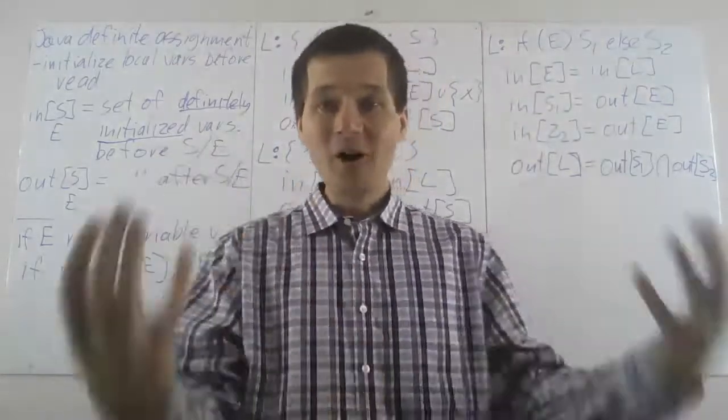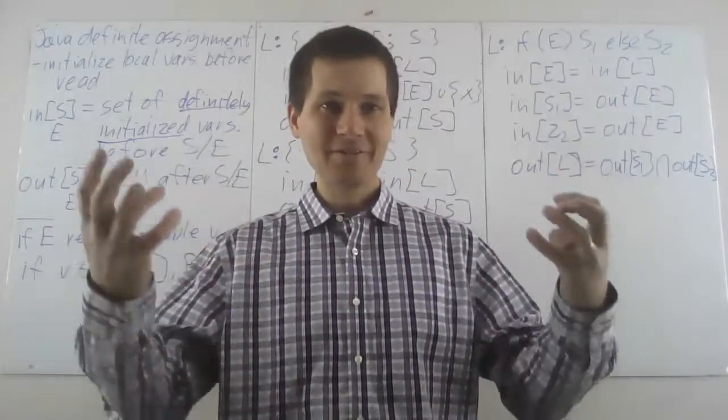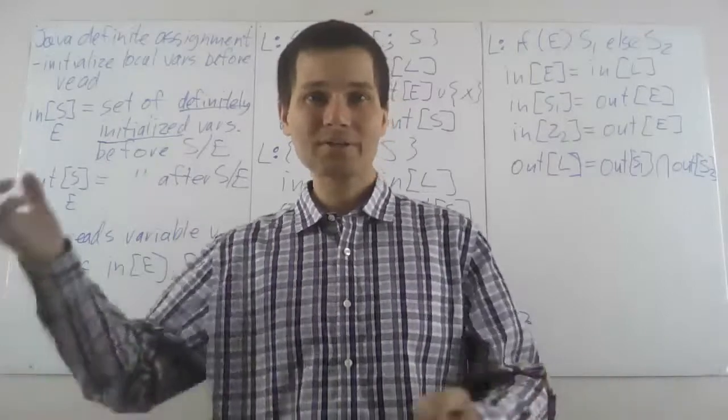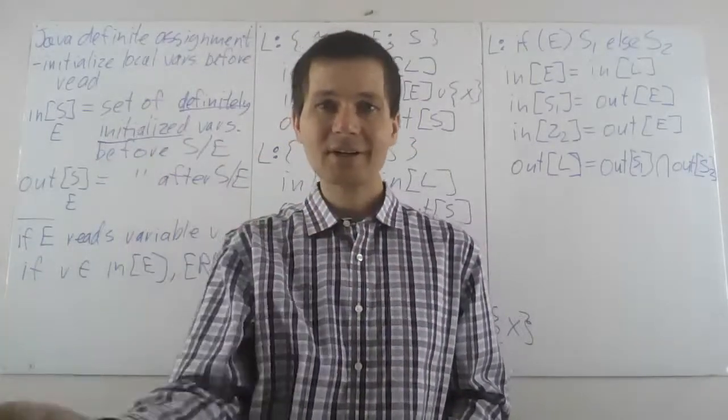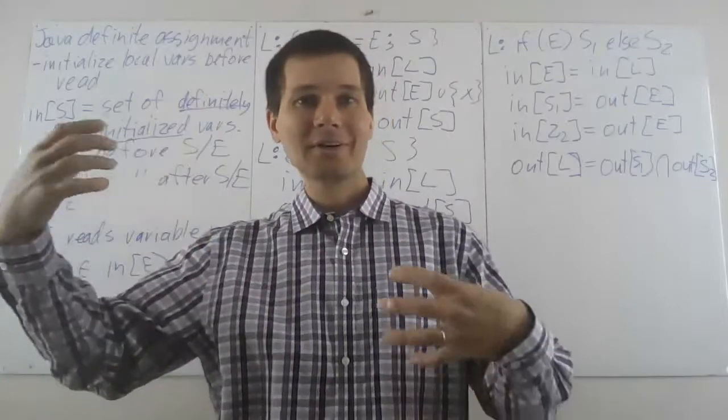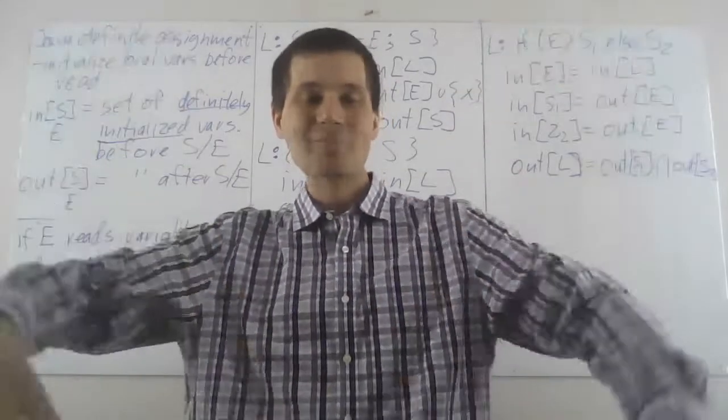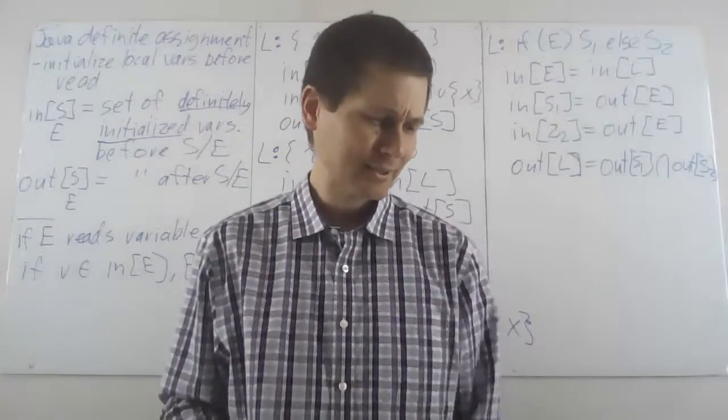I'm not going to do all the AST nodes. I've done a few of the interesting ones for the definite assignment analysis, just to give us an idea of how a more general analysis works.